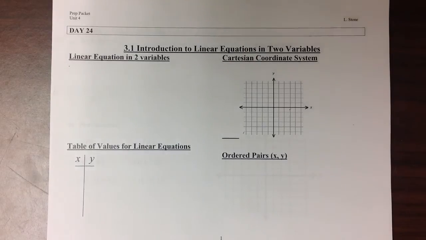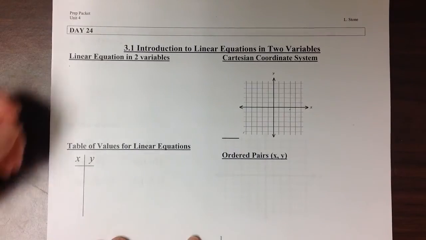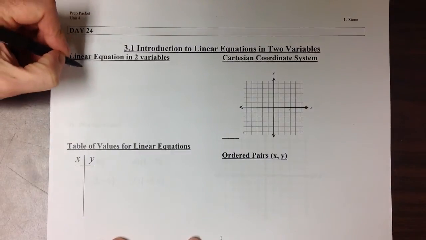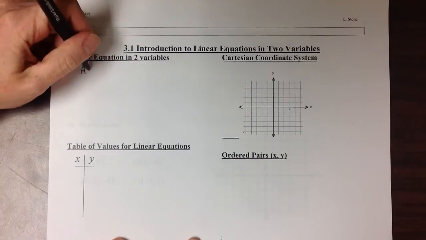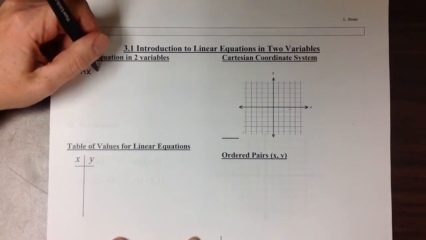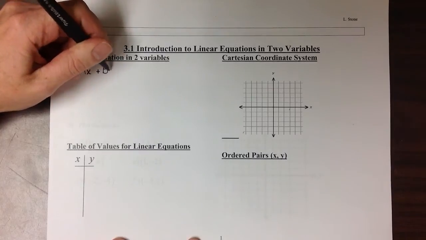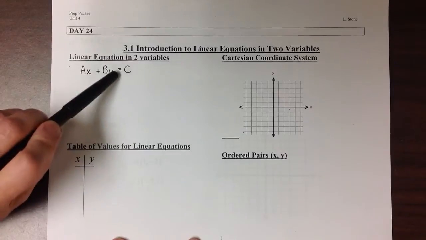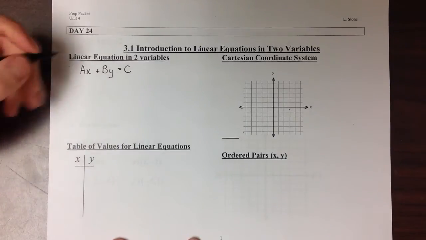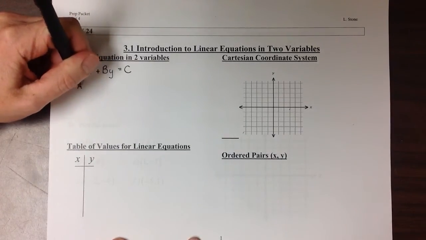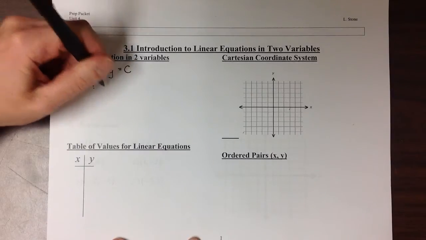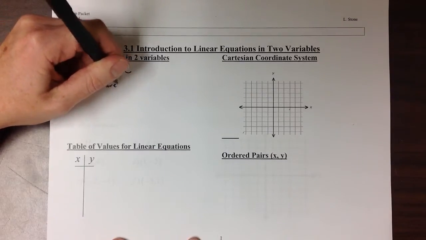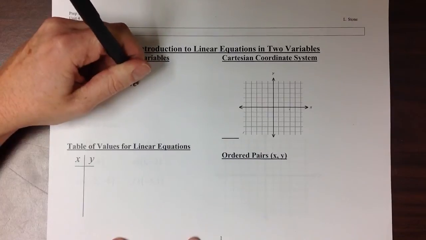Today we're going to start talking about linear equations in two variables. So we'll start with just the basic form of what this equation looks like. And we describe it as an equation that has an x and a y, and that those x and y's can have numbers on the front, a, b, and c are all real numbers.